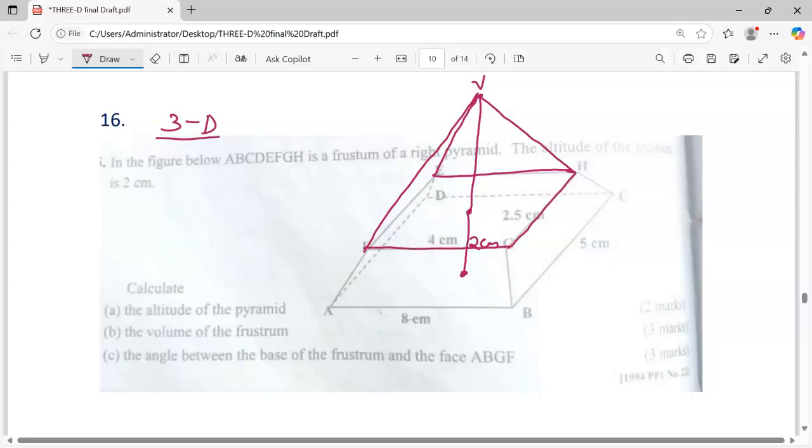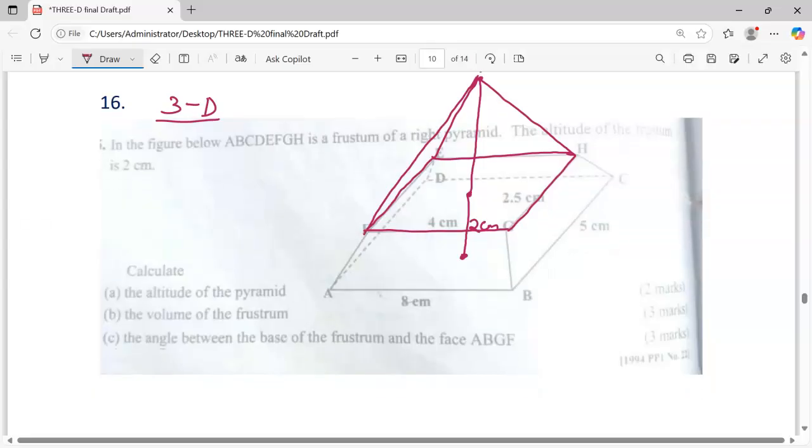We are going to start by getting the height of the pyramid using similarity and enlargement. Part A of the question, using similarity and enlargement, we are going to take the length AB divided by the length FG, and this must give us big H over the small h.